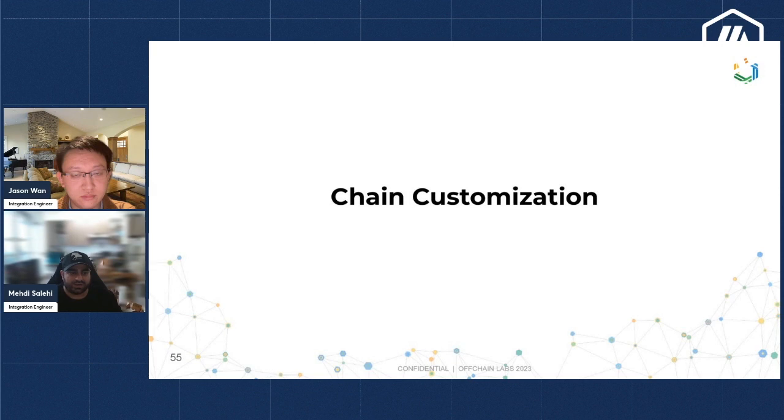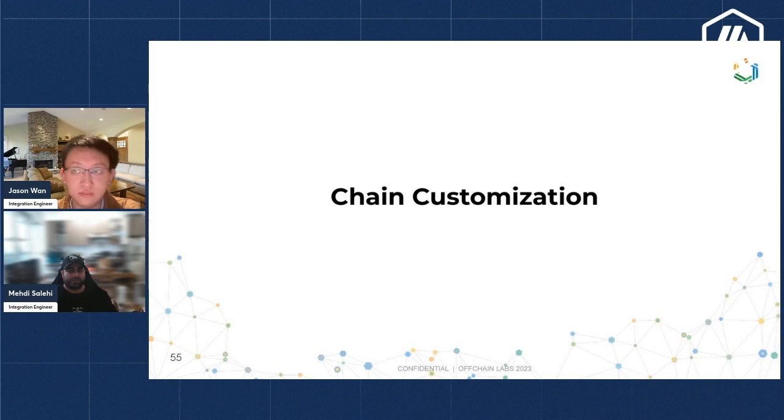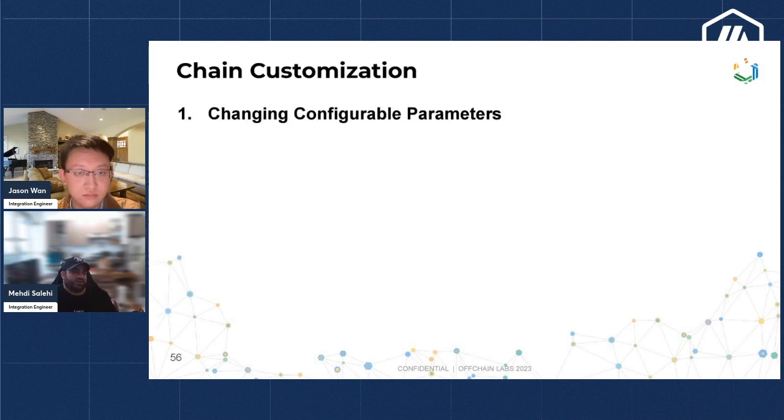Other than that, the most professional way to set up your Orbit chain is not just changing the customizable parameters. To customize your chain, you have two ways.